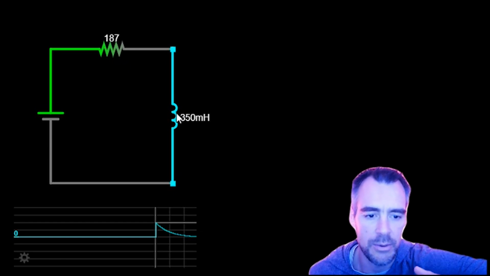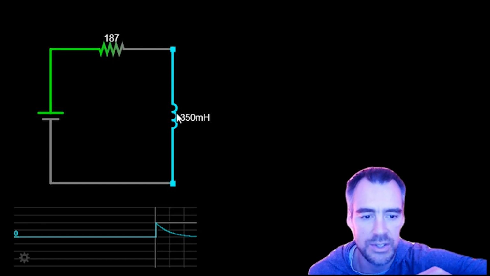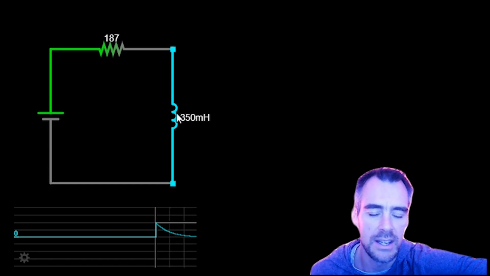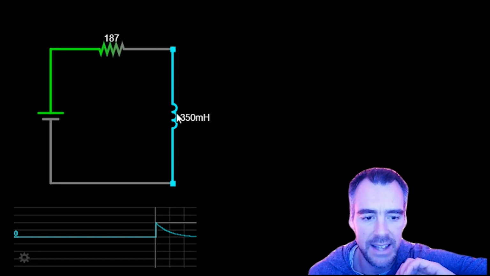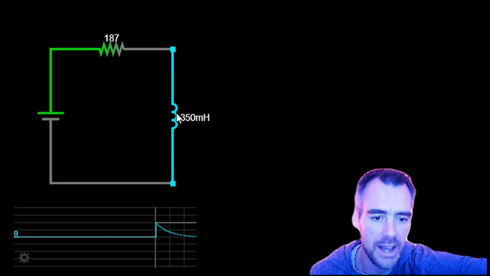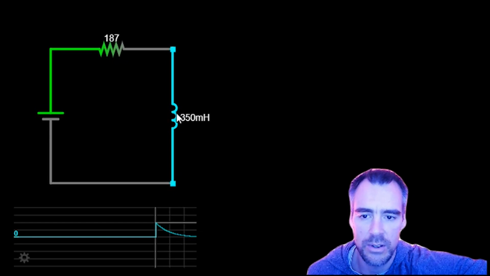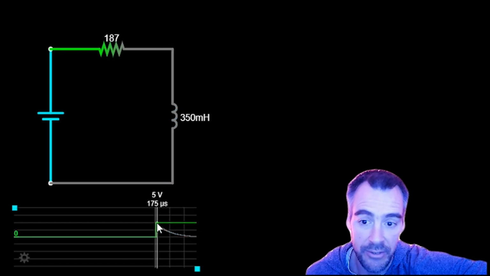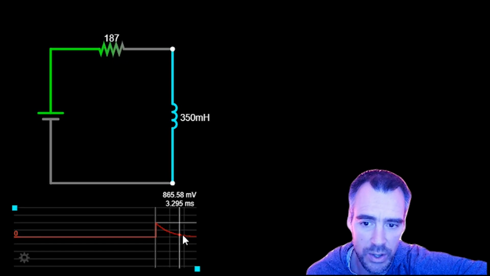It's going to oppose that with an initial voltage across it, and then that voltage is going to tend towards 0 as this inductor changes from acting like an open circuit initially to acting like a closed circuit, or a short circuit, or just a wire eventually, once enough time passes. So you can see the temporal response here. It starts off at 5 volts, but then it trails down to 0.